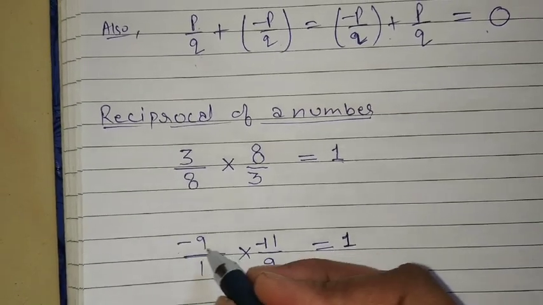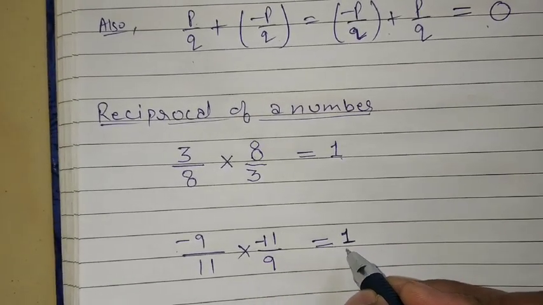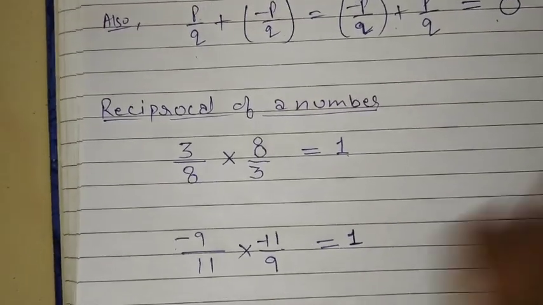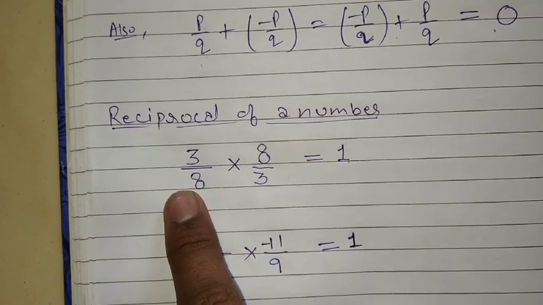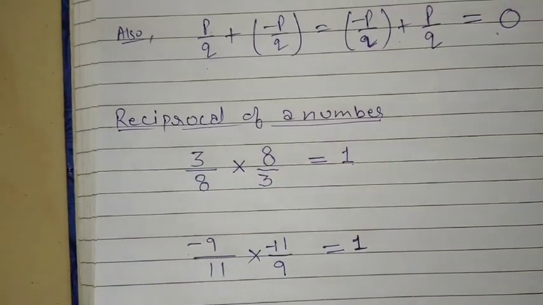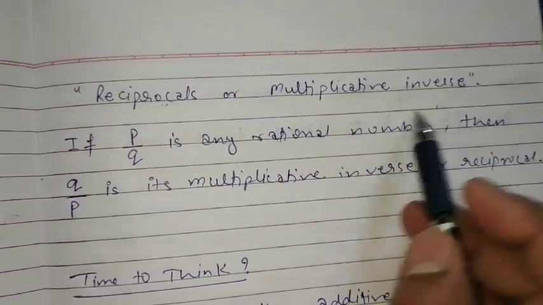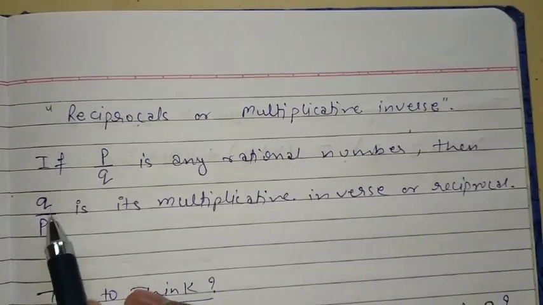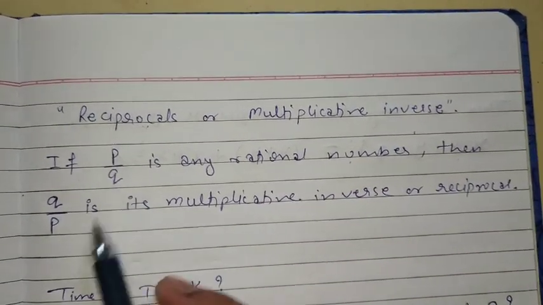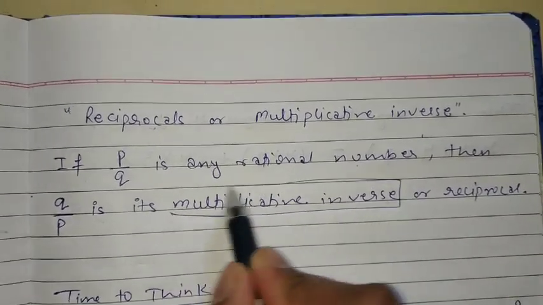So on multiplying minus 9 by 11 by minus 11 by 9 we get 1. So thus 8 by 3 is called reciprocal of 3 by 8, or 3 by 8 is called reciprocal of 8 by 3, meaning these are reciprocals of each other. These are called reciprocals or multiplicative inverse. So if p by q is any rational number, then q by p is its multiplicative inverse or reciprocal.